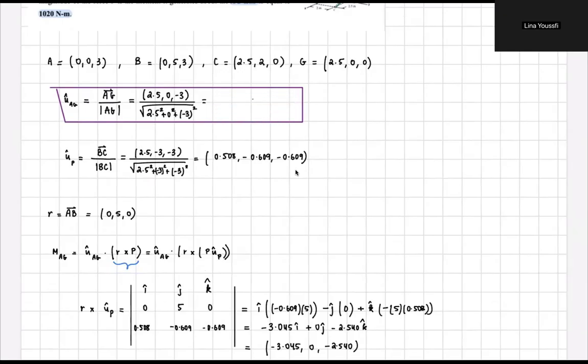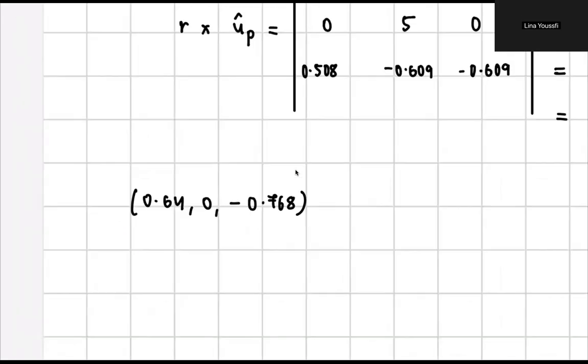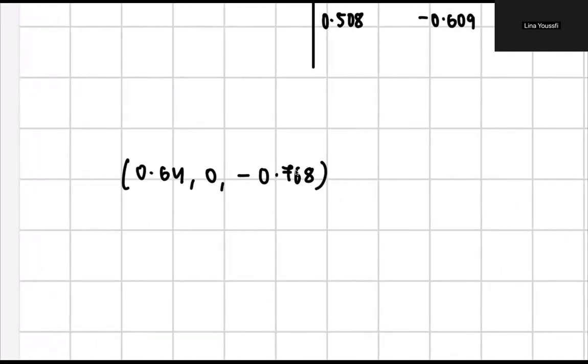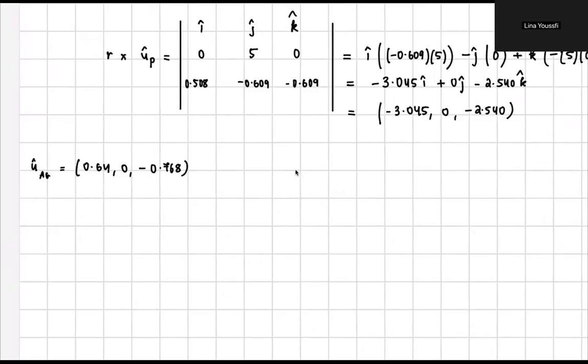Okay. So taking this over here, this is our unit vector AG. And we're going to do the dot product of these with the cross product that we already did.